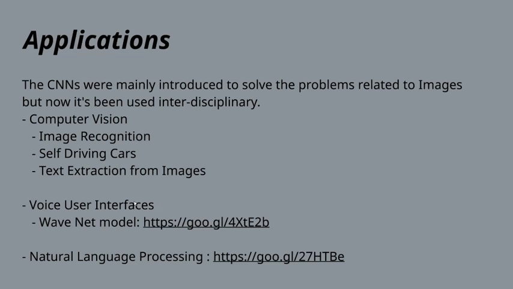They have started building voice user interfaces, like you can read about Google DeepMind's WaveNet model, and generating realistic, human-like images using CNNs. Natural language processing is also being explored. You can read about it by going through this link.